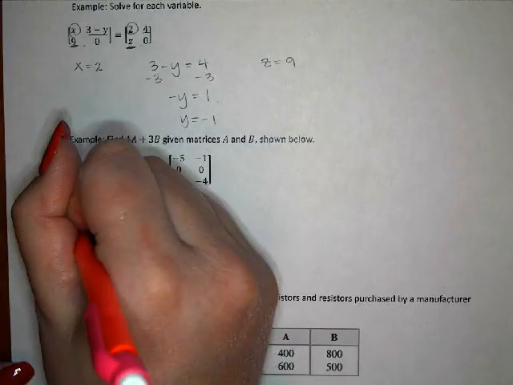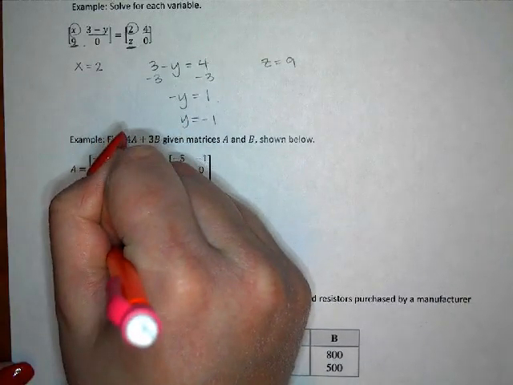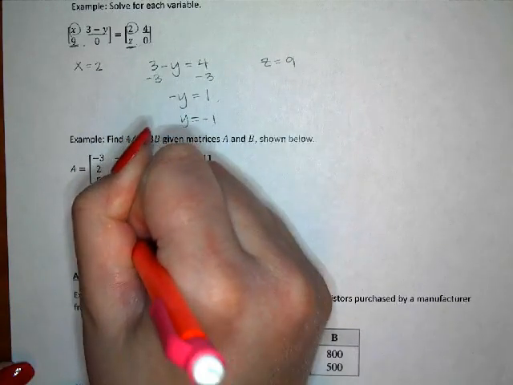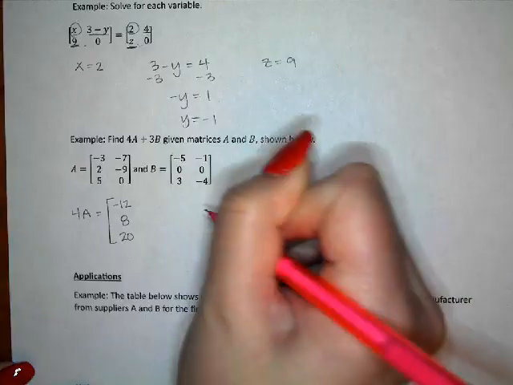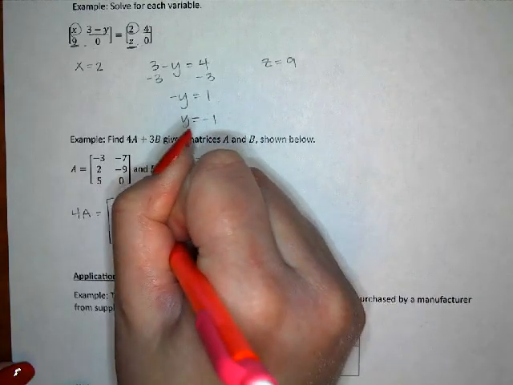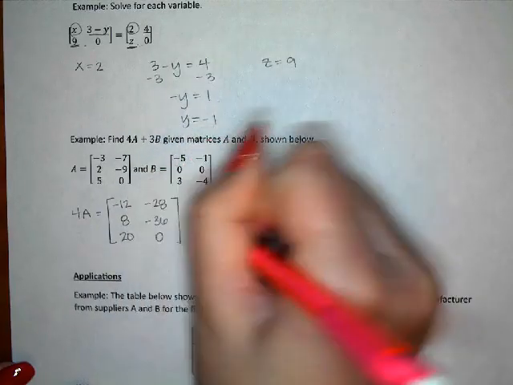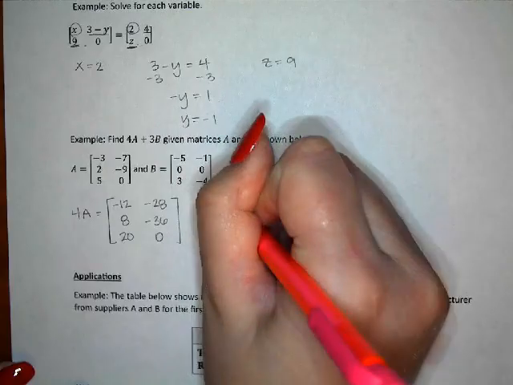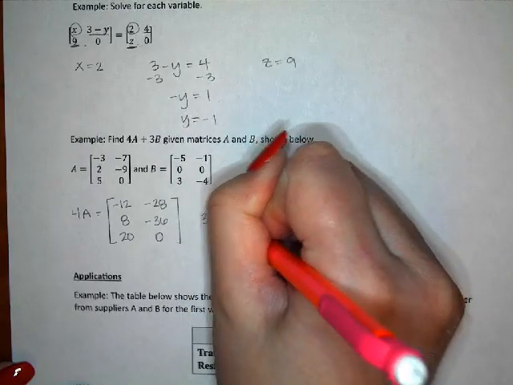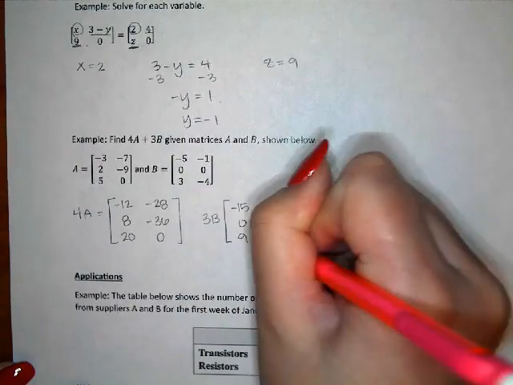So 4A is going to be negative 12, 8, 20, negative 28, negative 36, 0. 3B is negative 15, 0, 9, negative 3, 0, negative 12.